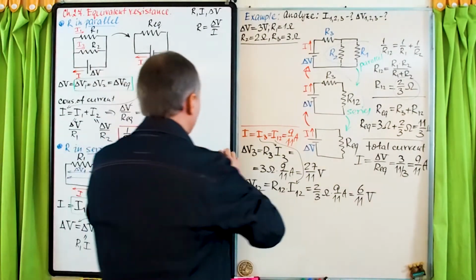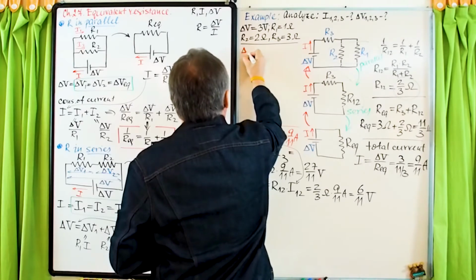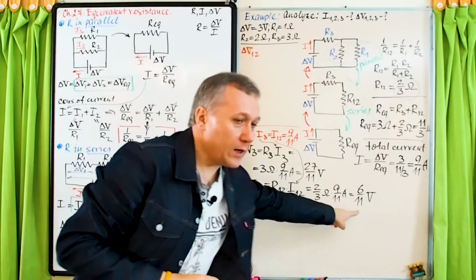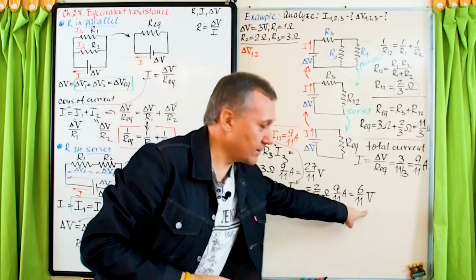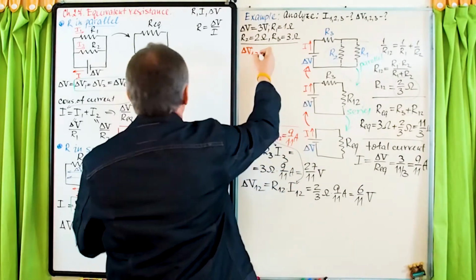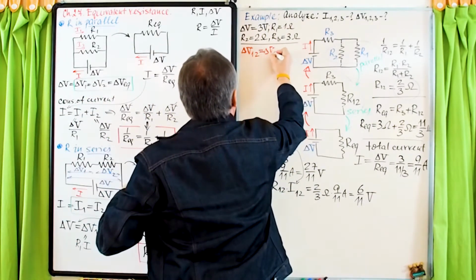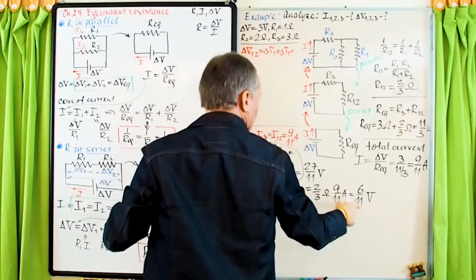Let me write it at the top. It means that delta V12, which we just found, you see everything is well connected, delta V12, it's 6 over 11, must be equal, according to this bridge, to delta V1 and delta V2, equal to 6 over 11.